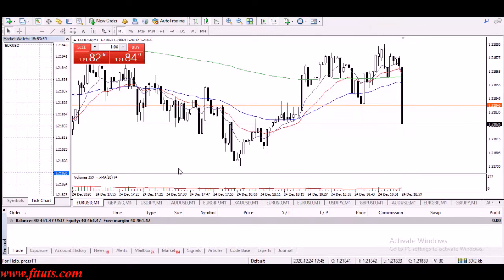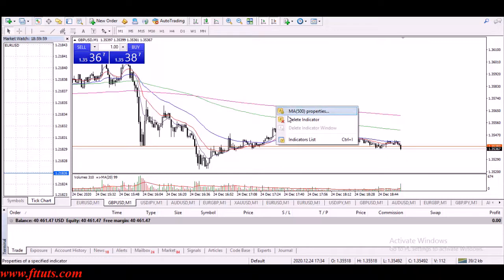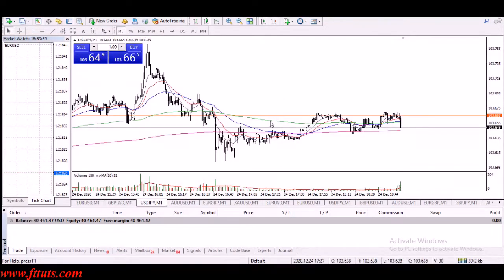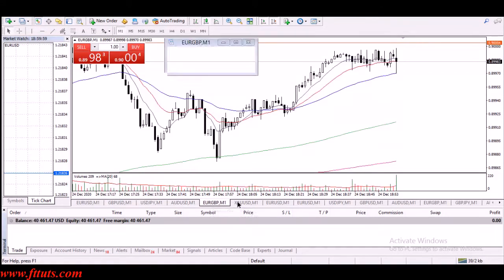Okay, so now I'll be moving to other charts to show you that you can apply this on all charts. Okay, I'll be removing EMA 500, so we make it easier, knowing that I have added them.